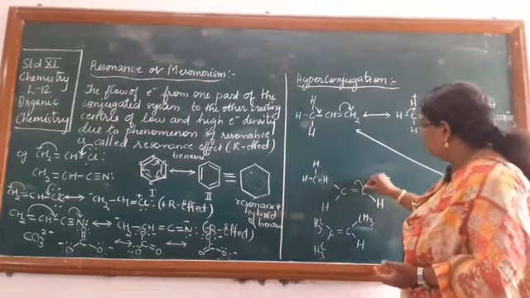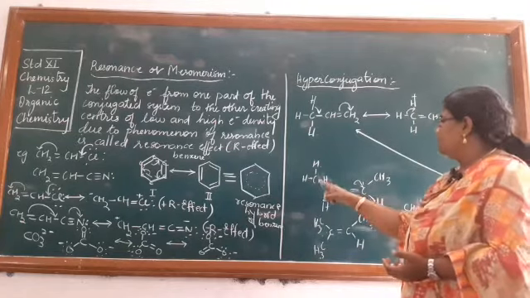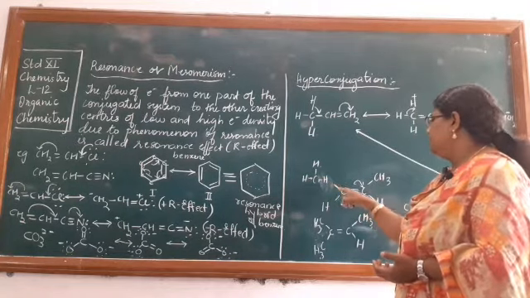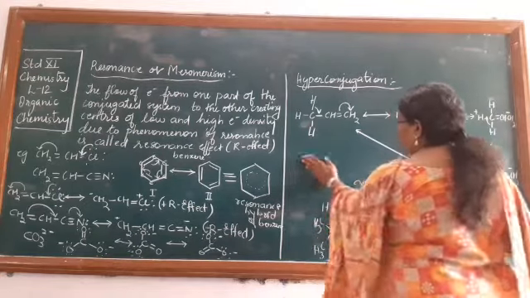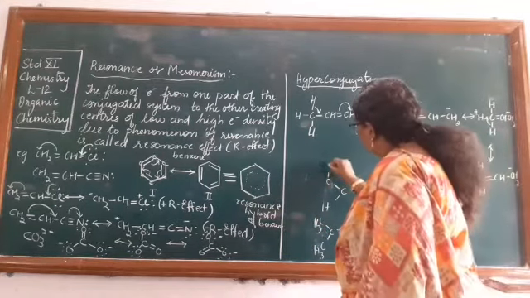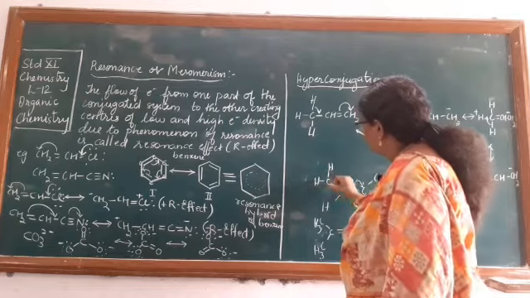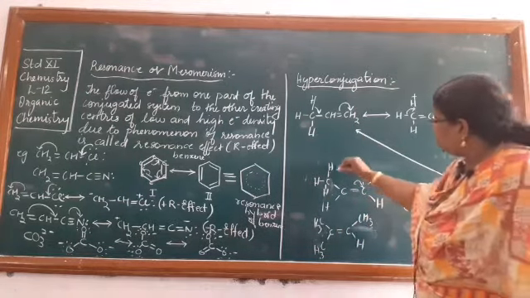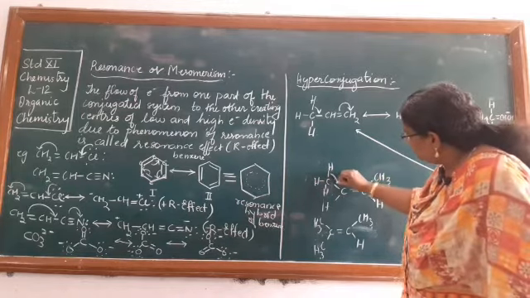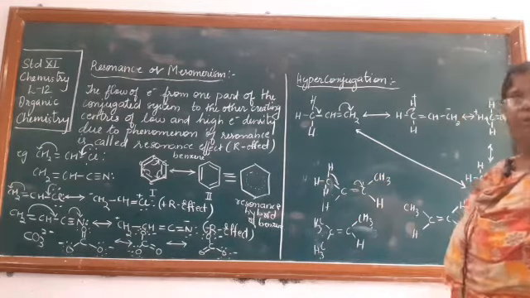This pair of electron will move here. Okay, so this should be bonded to carbon, as H, H, H. So what will happen? ये जो pair of electron है वो इधर move हो जाएगा और यहाँ पे double bond आ जाएगा.